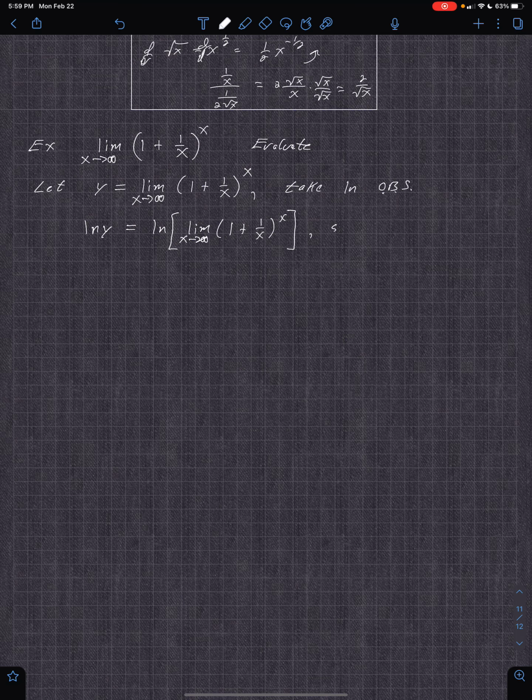Now, since natural log of anything is continuous on its domain, we may pass the log through the limit. That's how you say it, pass the natural log into the limit.